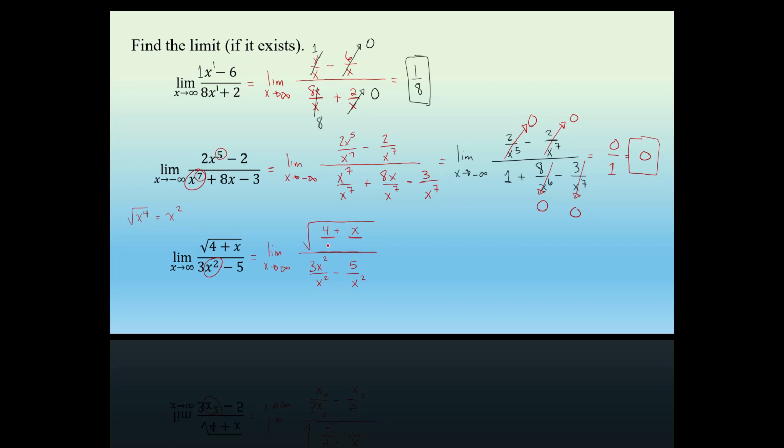So what should you divide everybody by down here? x to the fourth. This is why I like this kind of problem, because if you're not paying attention, you'll just divide everything by x squared and ignore the square root, because the square root of x squared is just x. So be careful.